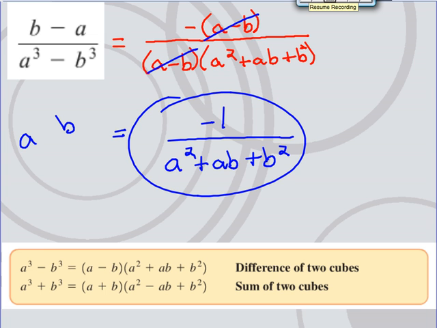Here's your discontinuity on this one. A cannot be b. You don't have to put that. That's beyond. But you will have discontinuity when a and b are the same thing. And that, right there, that's what causes problems. A minus b. A cannot be b. A and b cannot be the same values. Okay, that's enough of that.